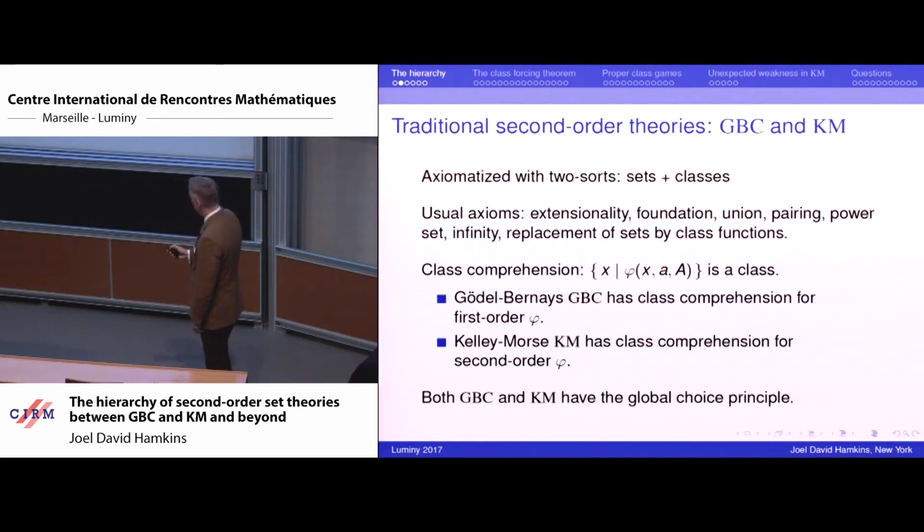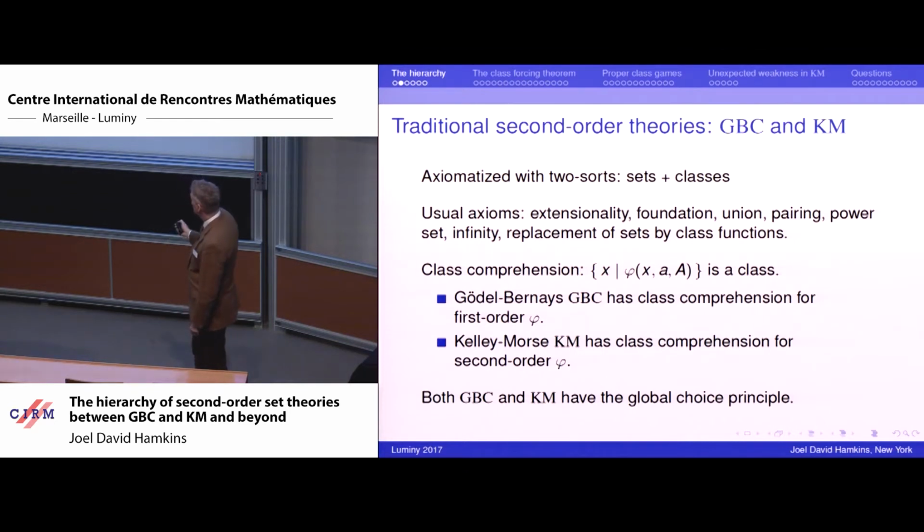So let's just first remember what Gödel-Bernays and Kelley-Morse set theory are. These are second-order set theories, so they're axiomatized in a two-sorted language. We have the first-order part, which consists of the sets, and both of these theories assert ZFC for the set part. And then, in addition, we have a family of classes, which are subsets of the first-order part.